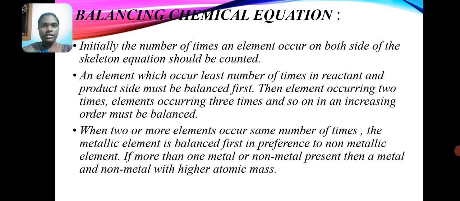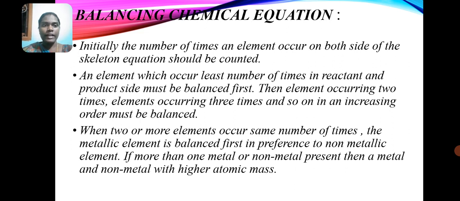And the last topic, balancing chemical equations. Initially, the number of times an element occurs on both sides of the skeleton equation should be counted. The element which occurs the least number of times in the reactant and product sides must be balanced first. Then the element occurring 2 times, the element occurring 3 times and so on in increasing order must be balanced.